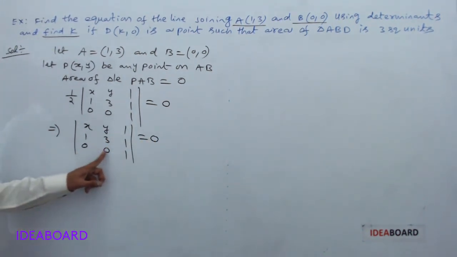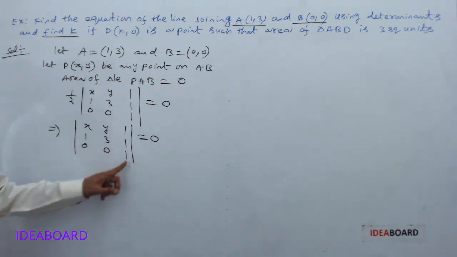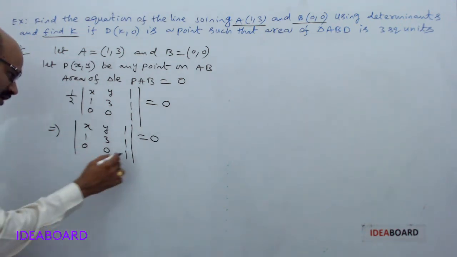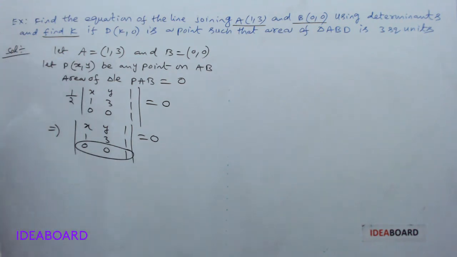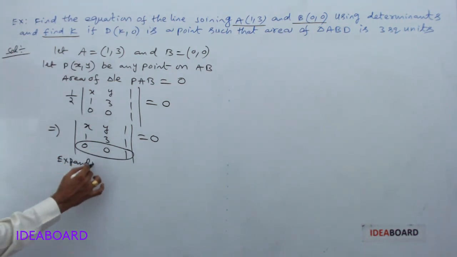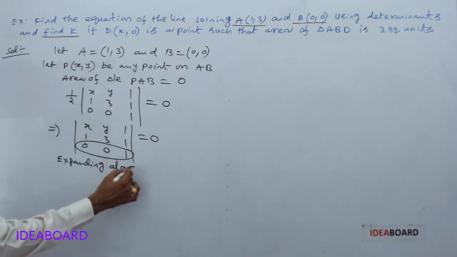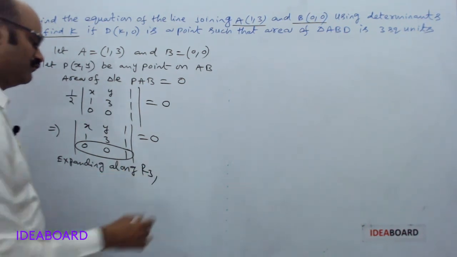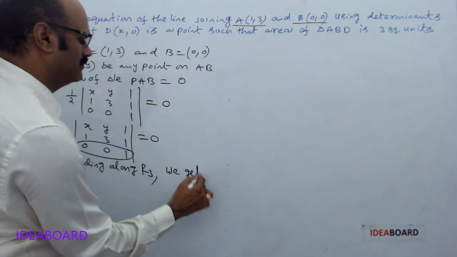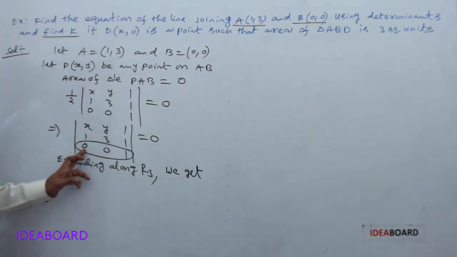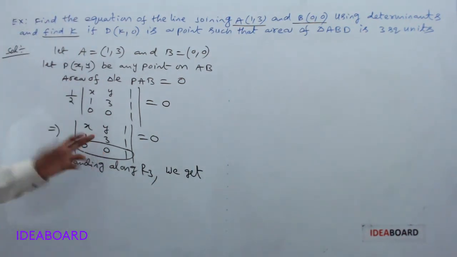Since we are having two zeros in R3, expand along R3. Expanding along R3, we get 0 into anything 0, 0 into anything 0.